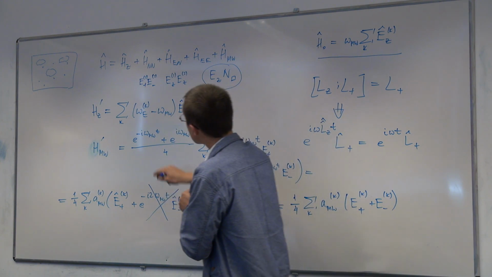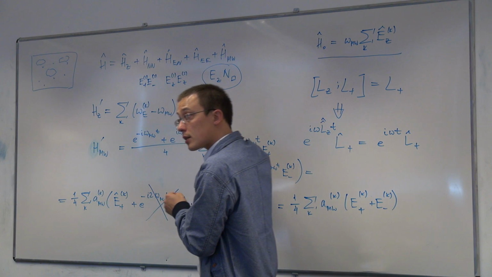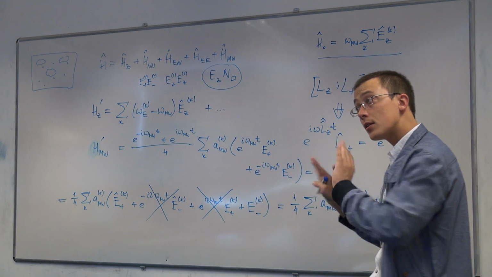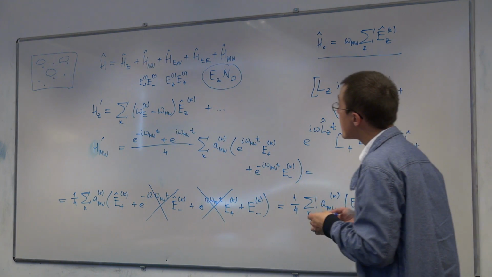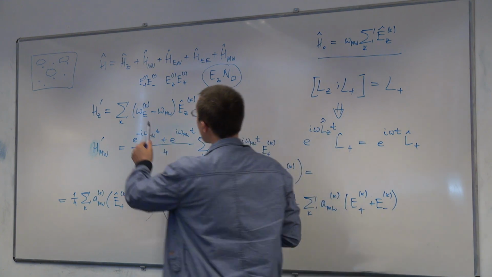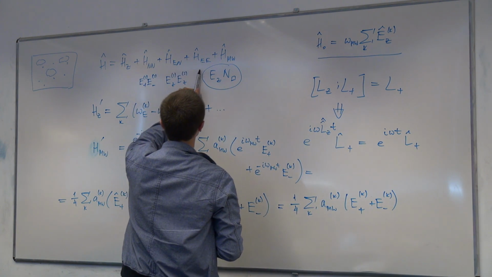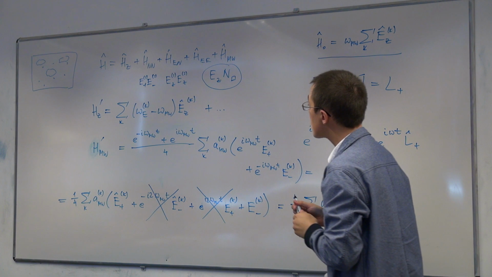And so it also remains stationary under the transformation. Everything else will be removed. And so that's it. We do now have at least an understanding of what happens to each of these terms.